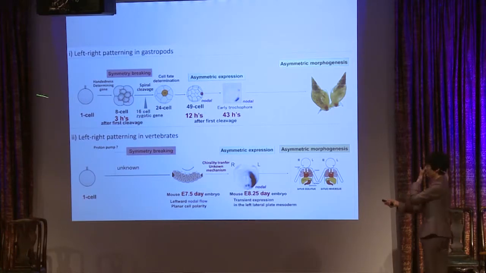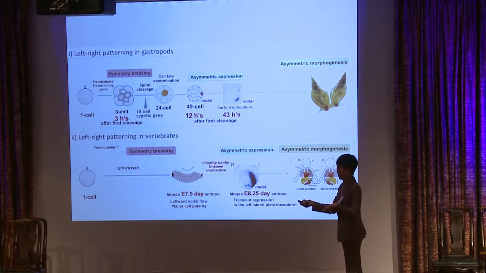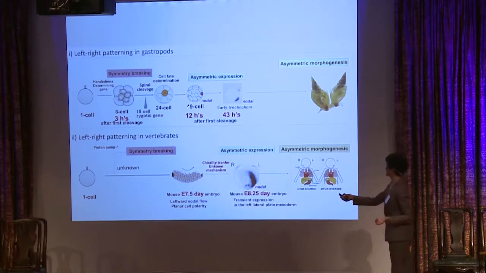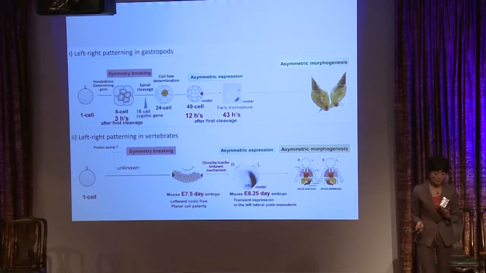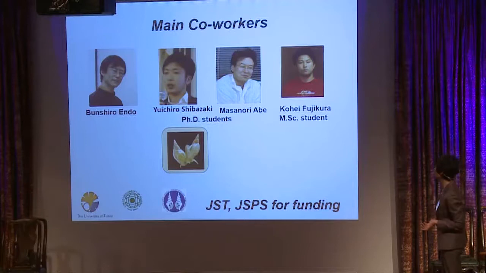But for my case, after 3 hours at the cell stage, left and right hand determined, and here is where the zygotic gene started to be expressed, and this is the organizer cell determined. And this is the nodal. So it is a really simple case I can work on. And using the snail, I can go into human beings work. And these are the main co-workers. They are the students or technicians.